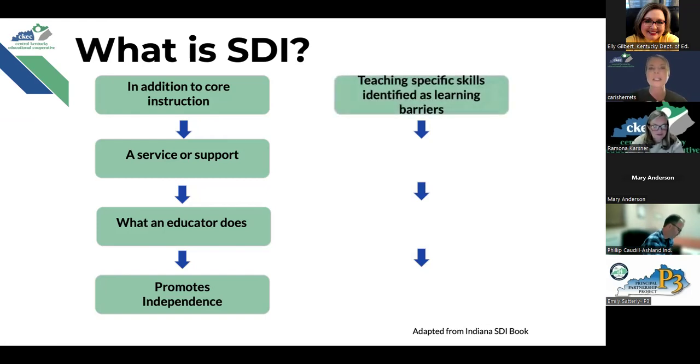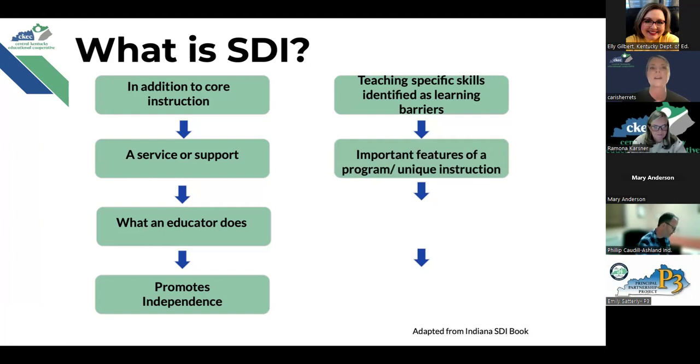SDI is teaching specific skills to a student with IEPs, and we're looking at those skills that have been identified as learning barriers. So we're looking at those present levels to determine what skills this student will need to help them be successful with the gen ed curriculum so that they can meet those educational standards.